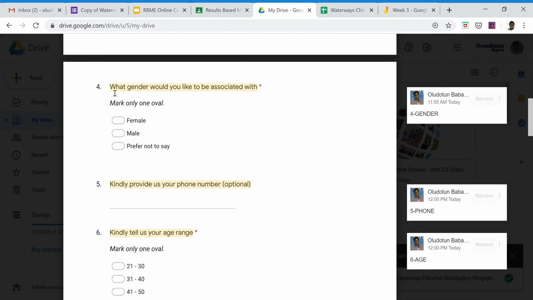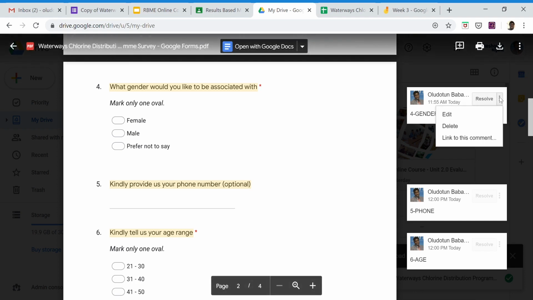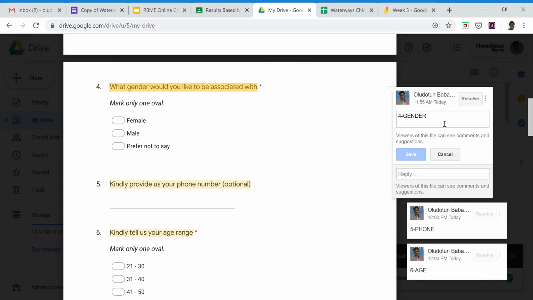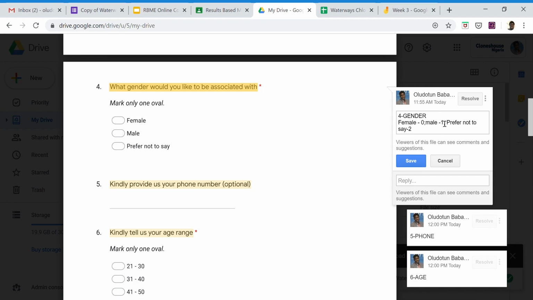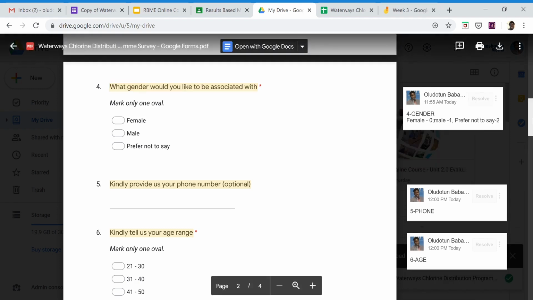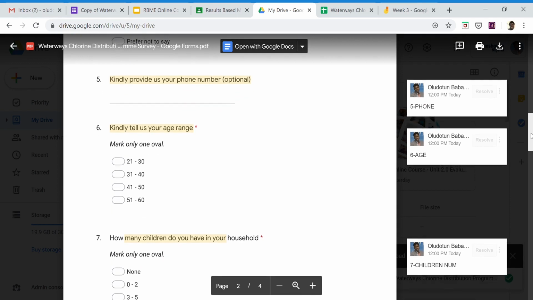Then as it concerns this, I can come here, also edit, and say female, if you like, will be 0. Computers speak in zeros and ones, so that's just the meaning. Male is 1. Then prefer not to say will be coded as 2, right? So if you are any data entry person, he already knows this.